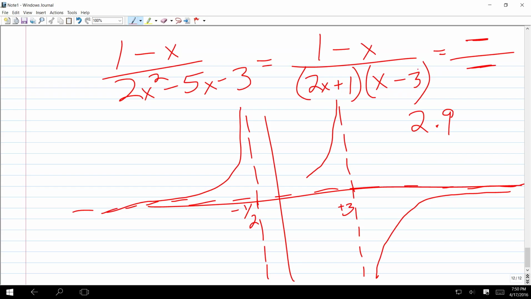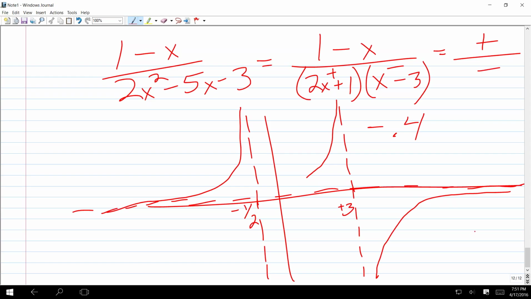Now, to figure out what happens when I approach negative 1/2 from the right, let's put in a number like negative 0.4. Well, the numerator is positive. That's positive, and that's negative.